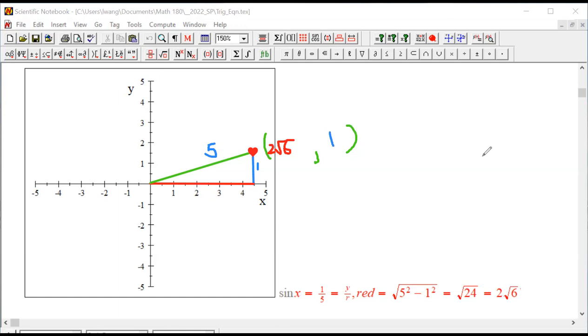Of course, this is not on the unit circle. This is on a circle of radius 5. But if you put it on the unit circle, what will happen? You divide this by 5, you divide the other by 5. So if you want it to be on the unit circle, you divide 1 by 5. Remember the 1/5 we showed earlier? This is 2 times root 6.